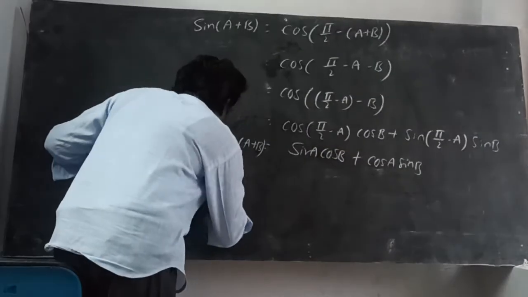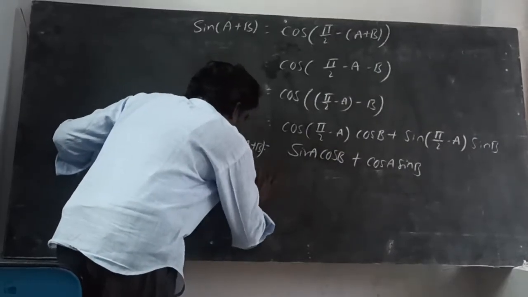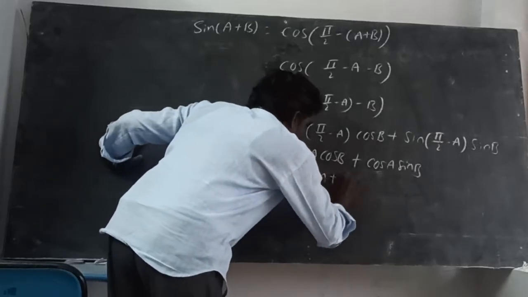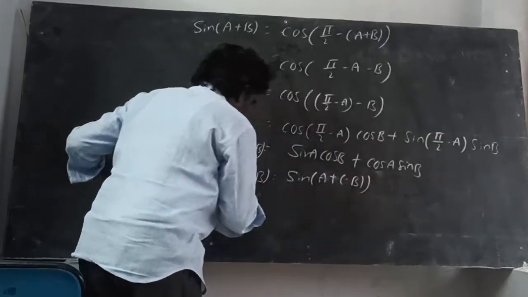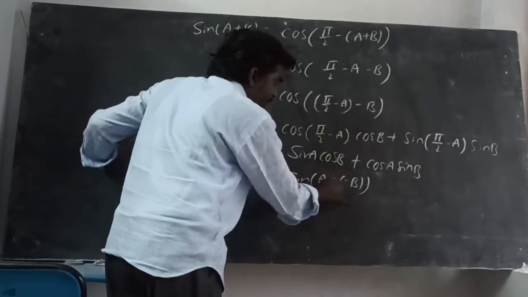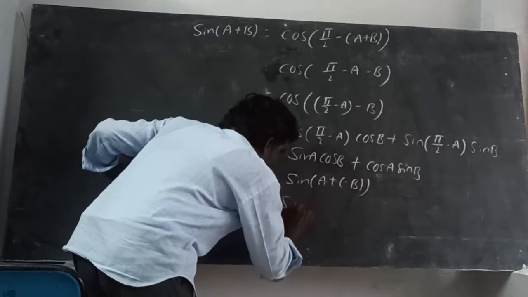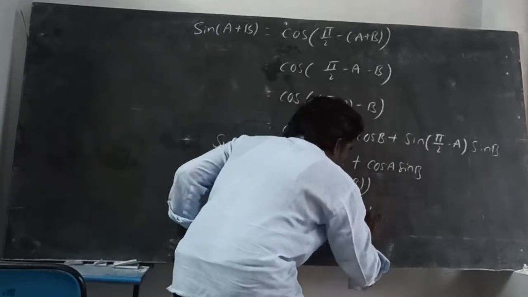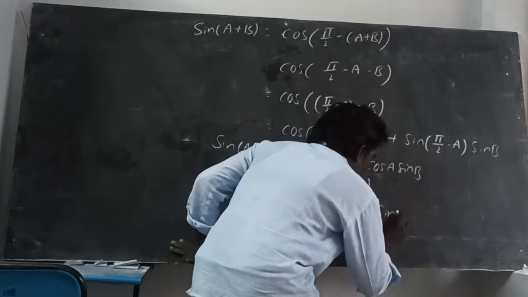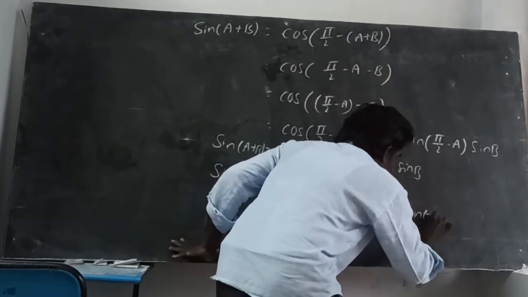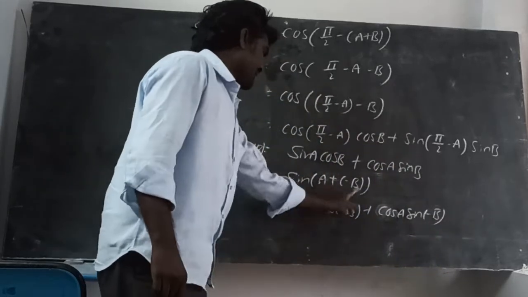Next, sin of a minus b, you can write as sin of a plus minus b. The minus you can write as plus into minus. Now it is in the form of sin of a plus b. That is sin a cos of minus b plus cos a sin of minus b. In the place of b you can put minus b.